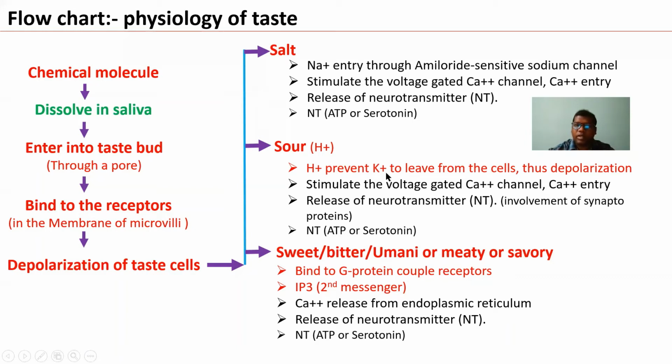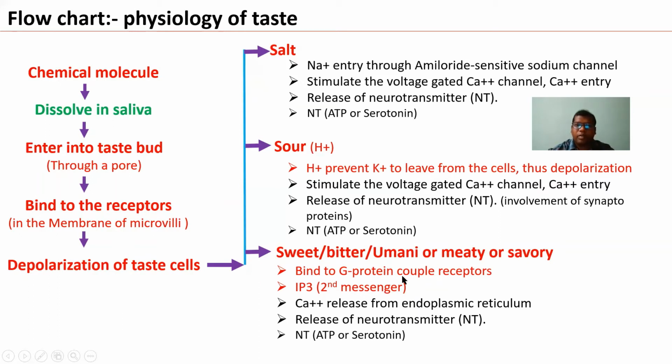As soon as it reaches its threshold potential, the voltage-gated calcium channel opens and calcium enters the cell, and the synaptic vesicles release the neurotransmitter and stimulate the sensory neuron. So sour substances have the hydrogen ion. Because of the hydrogen ion, they stimulate these receptor cells, which are sensitive to sour. And sweet, bitter, umami, meaty or savory, their binding site is almost the same.